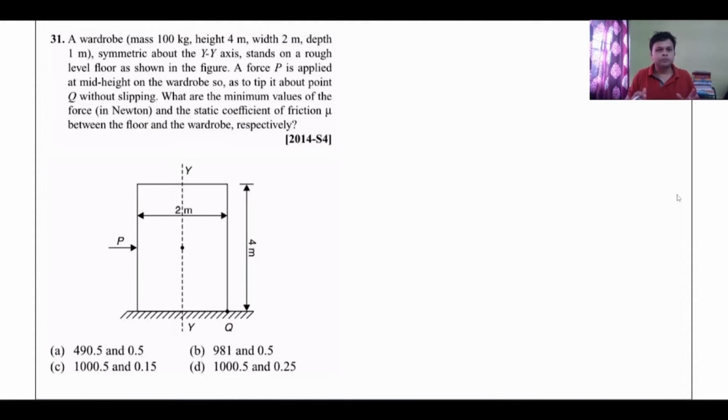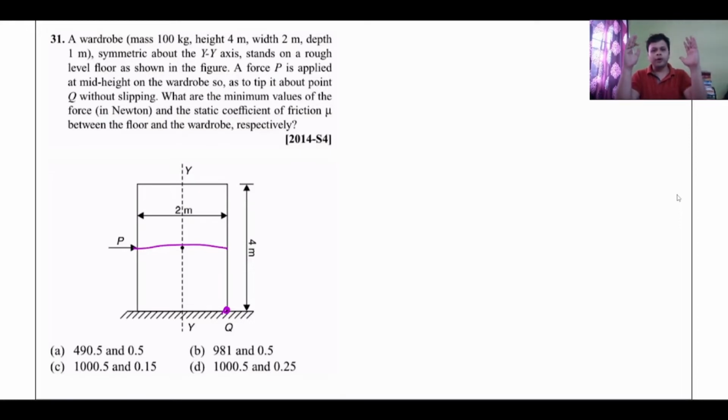A wardrobe, mass 100 kg, height 4 meter, width 2 meter, depth 1 meter, symmetric about YY axis, stands on a rough level floor as shown in the figure. A force P is applied at the mid height on the wardrobe so as to tip it about the point Q. Tip off means topple.